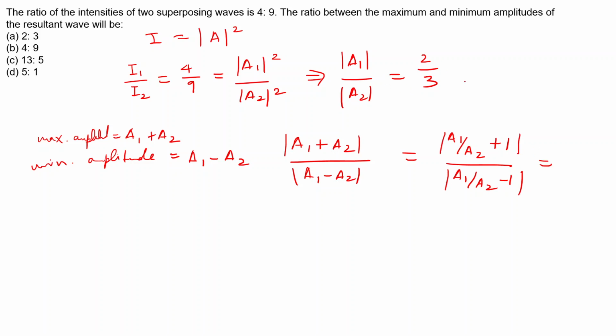A1 by A2 is 2 by 3, so it is 2 by 3 plus 1 divided by the modulus of 2 by 3 minus 1.